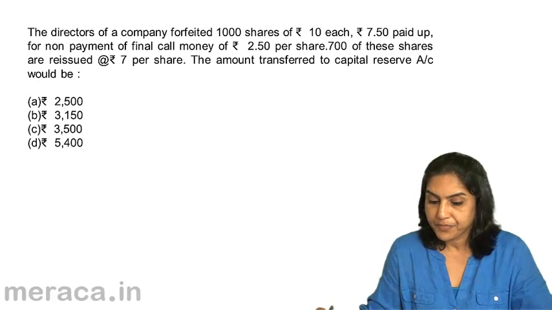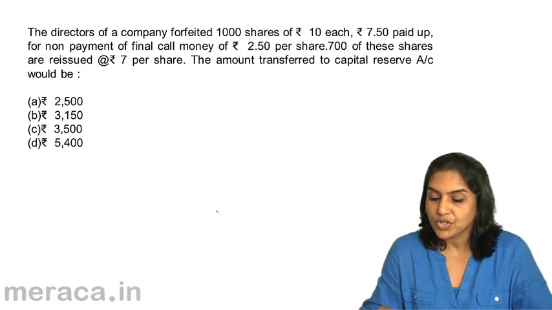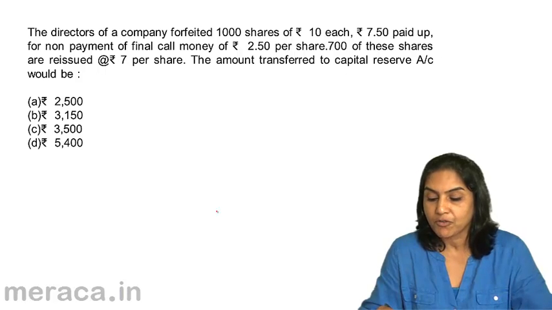None of the above. Next, the directors of a company forfeited 1000 shares of rupees 10 each, rupees 7.50 paid up for non-payment of the final call money of rupees 2.50 per share. 700 of these shares are reissued at rupees 7 per share.